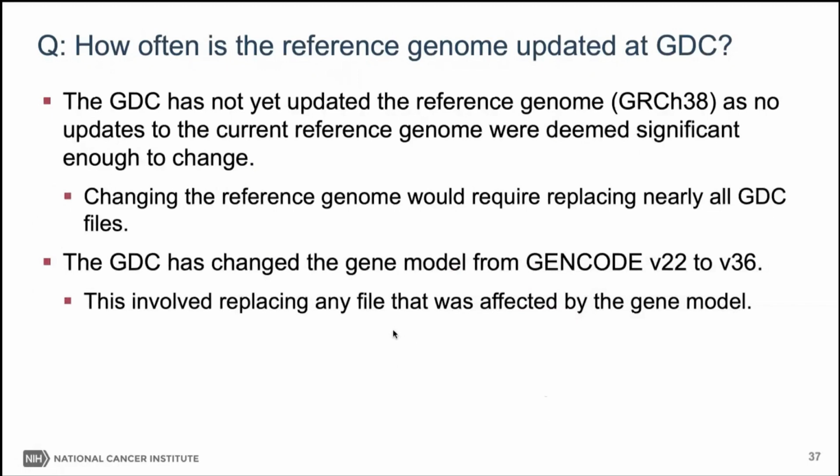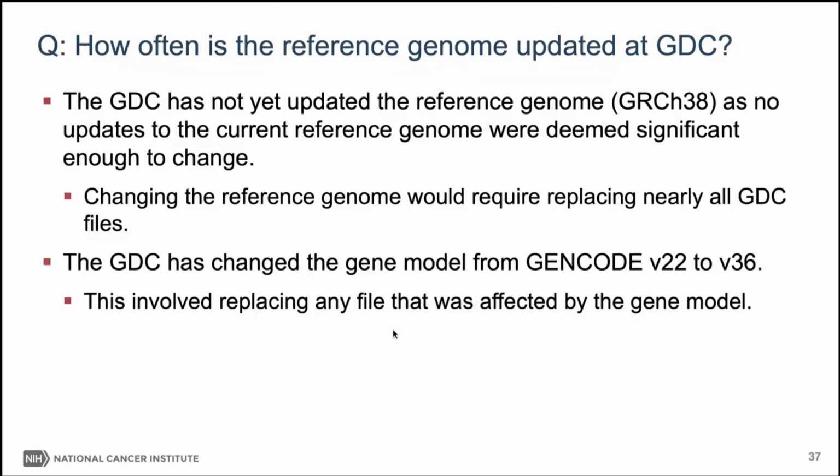It is a management decision, but in general, changing the reference genome requires replacing nearly all GDC files, and that involves rerunning all of the pipelines, organizing them, and releasing them all back to the portal. So the reference genome will need significant changes before it will be replaced at GDC.